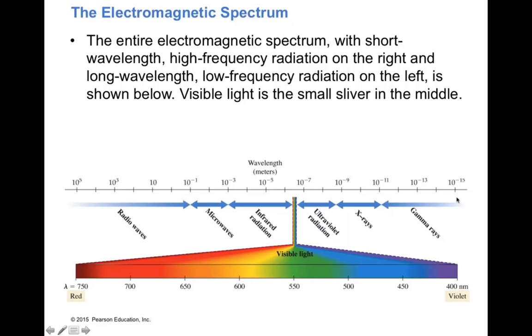The energy is going to increase from left to right, from the longest wavelength to the shorter wavelength. The frequency also increases from left to right, and the wavelength decreases from left to right. Here we have all the different electromagnetic radiation. We're going to talk a little about each of them in the next few slides.